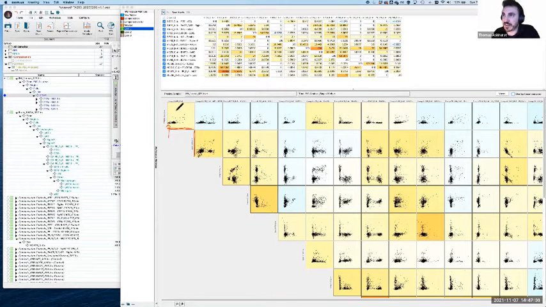So this is FITC versus PE, PerCP-Cy5.5. This is APC versus PerCP-Cy5.5, AF700, et cetera. It gets a bit weird to do the mental geometry to flip the plot, but it's just a thing to point out.